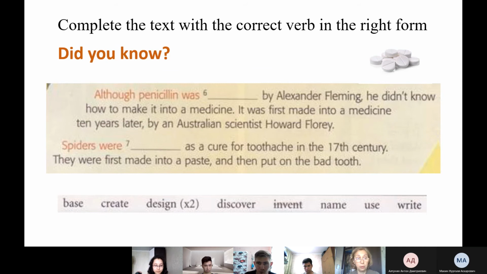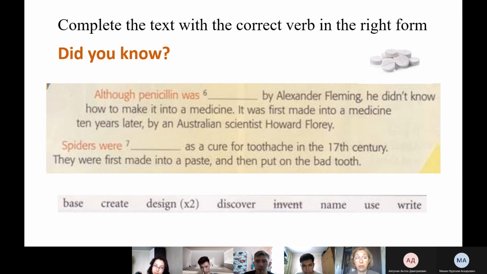Now let us listen to Rodion. Although penicillin was discovered by Alexander Fleming, he didn't know how to make it into a medicine. It was first made into medicine 10 years later by an Australian scientist, Howard Florey.